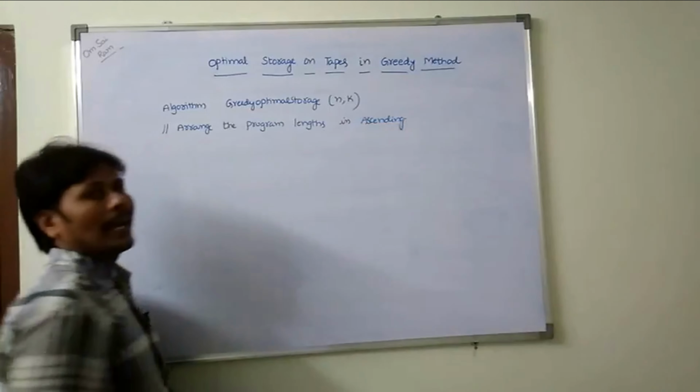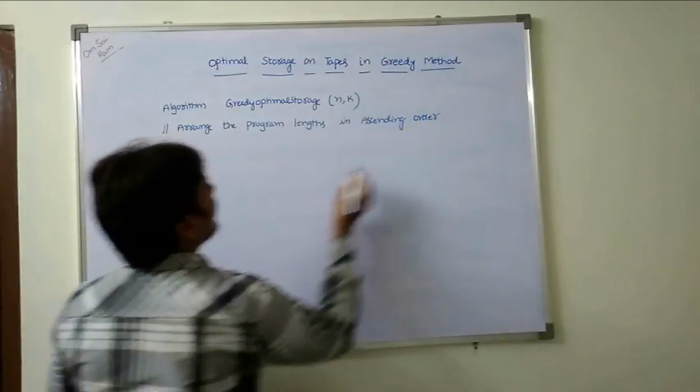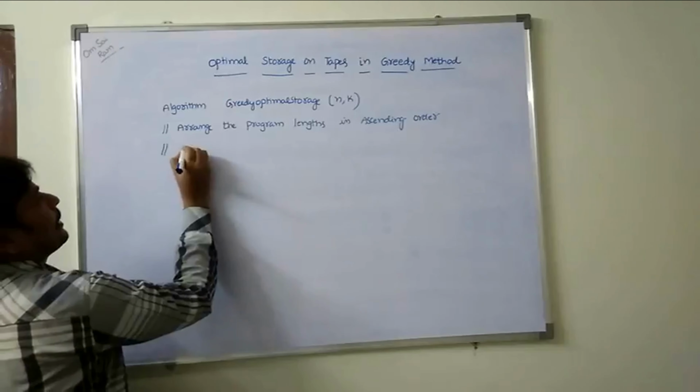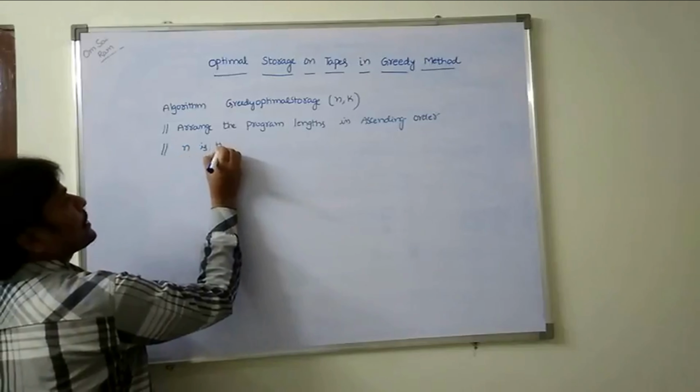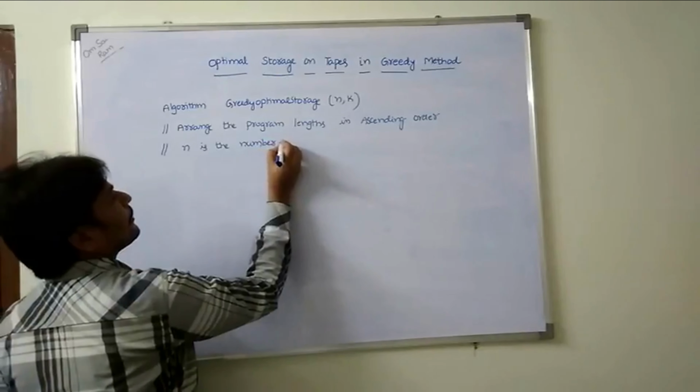Arrange the program lengths in ascending order. Next, n is the number of programs.